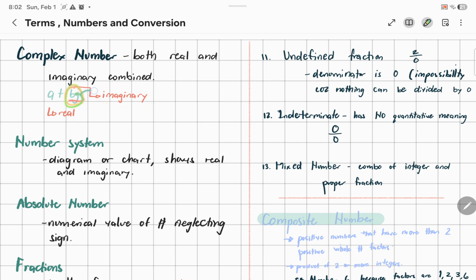The bj is the imaginary part because it has the j symbol. The b is also just a number, but the j is an indication that it is an imaginary number. So for example, we have 2 plus 3j. The 2 is the real, and the 3j is the imaginary because it is multiplied by the j, the symbol of an imaginary number.